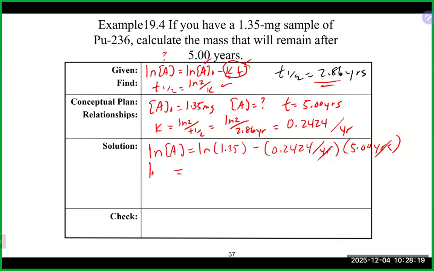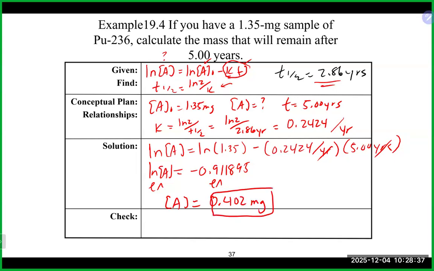It's going to give us the natural log of A is equal to minus 0.911895. We're going to e both sides, giving us our final concentration of 0.402. These would be milligrams, just like the original unit.